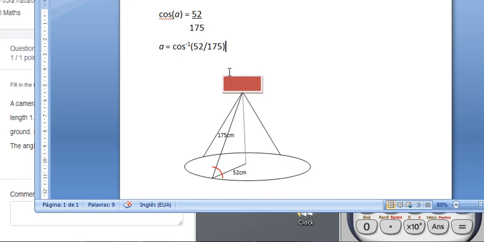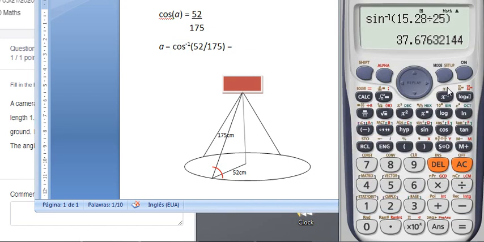So this is going to give you an angle. The question is, what angle has the cosine of 52 over 175? Let's find it.